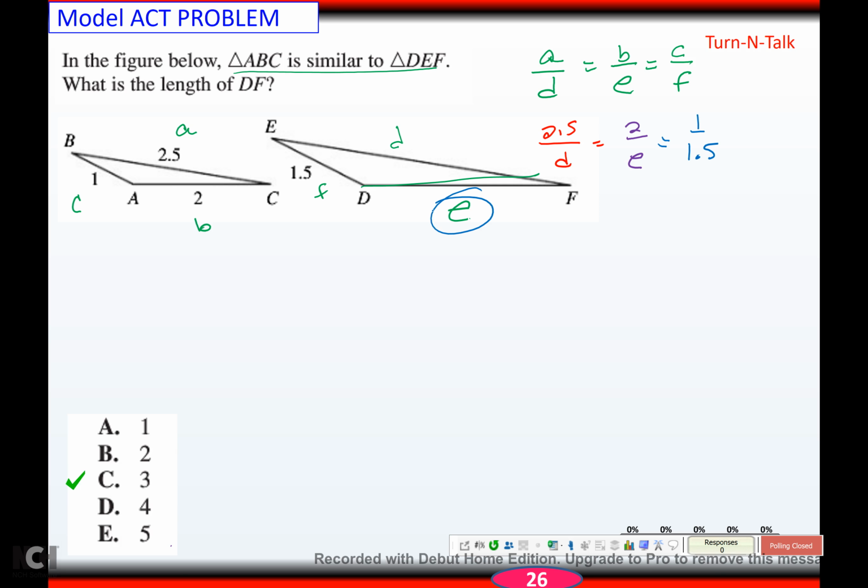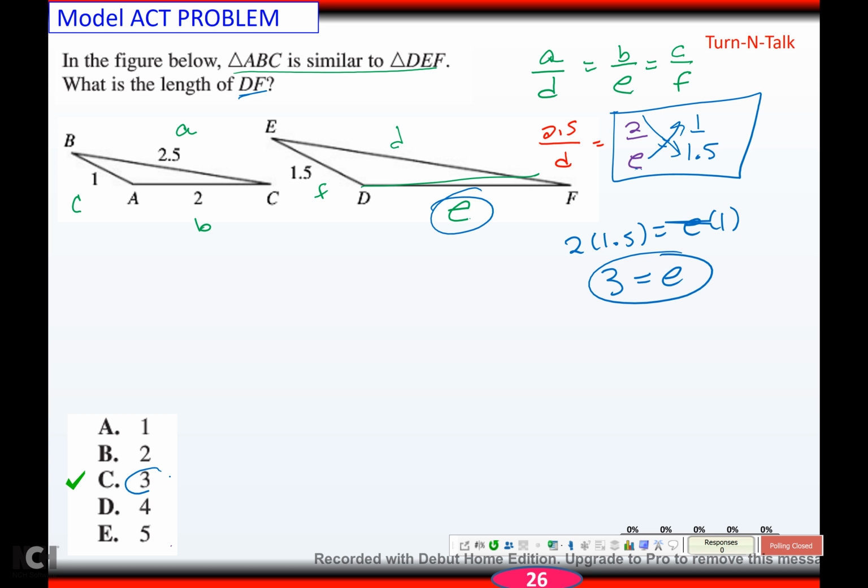Alright, I'm wanting e, because they want DF. So I'm going to use this ratio or proportion because there's my e that I want to know. So 2 times 1.5 equals e times 1. So that's 3 equals e. There you go.